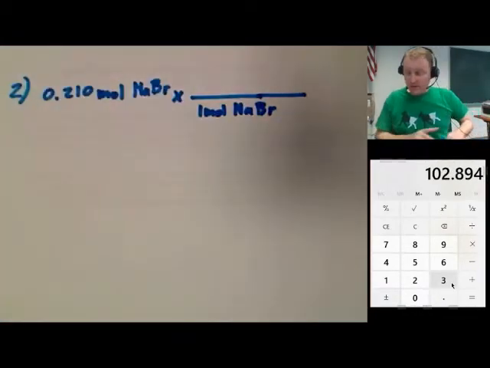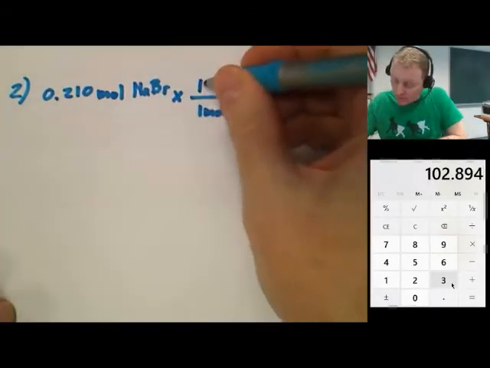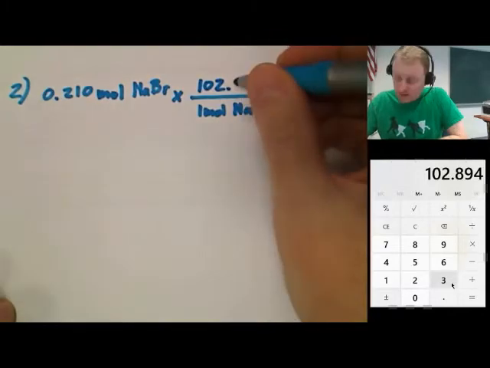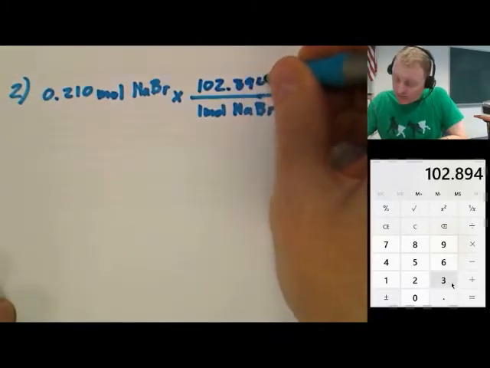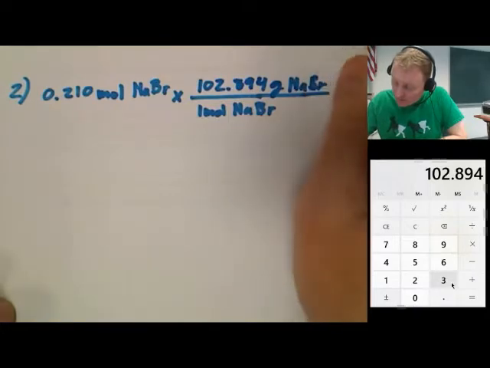Add those two together, and we have the molar mass of sodium bromide, which would be 102.894 grams.